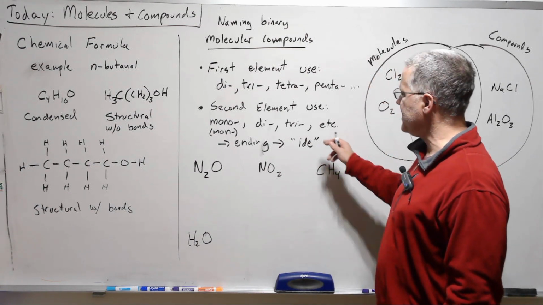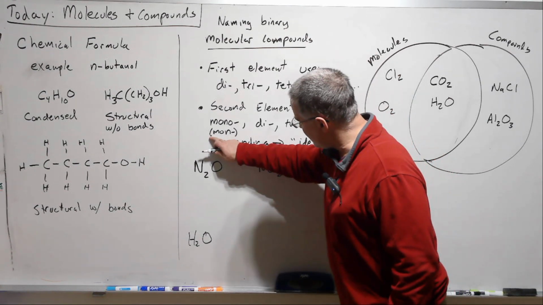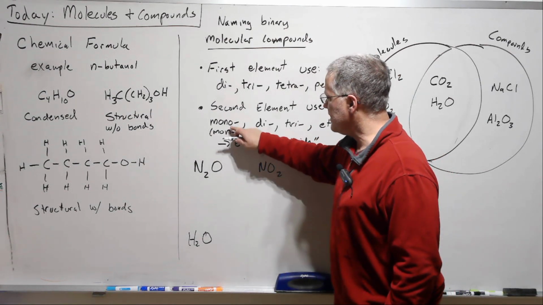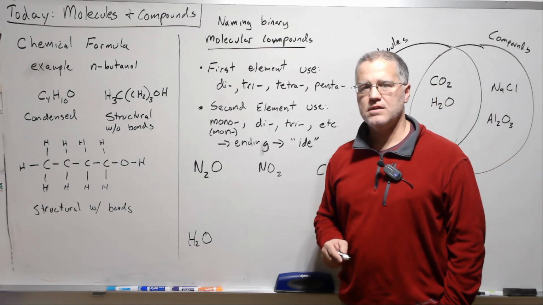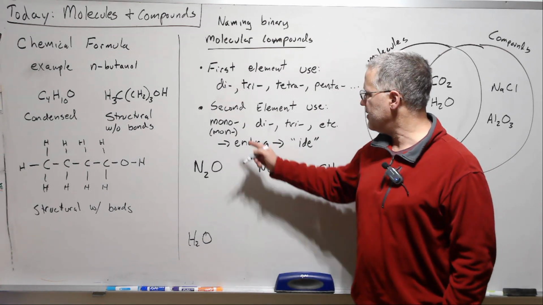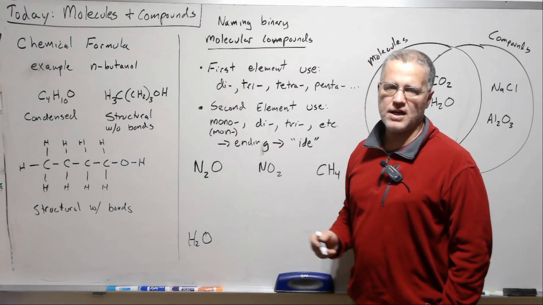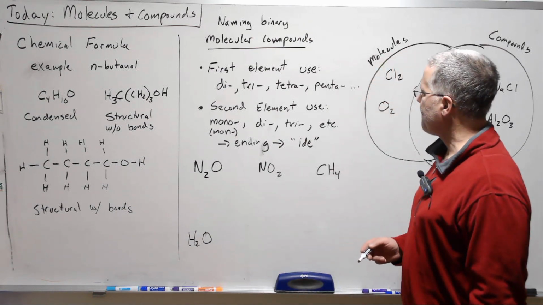We change the ending of the name. You notice here there's a little parenthetical. If there's a second O, so monoxide, we don't say monooxide, we say monoxide. So we drop that. We don't have two O's there.